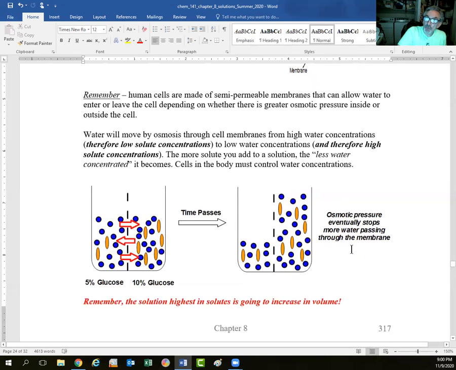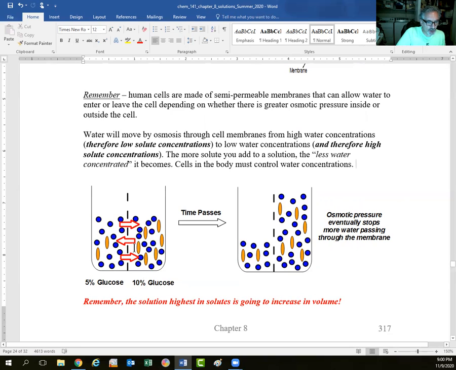This is why a solution intravenously administered to a patient has to be isotonic. The solute concentration in that administered solution has to be equal to the concentration of solutes in the body. If it isn't, we'll start to produce some osmotic pressure, as we'll look at in a second.